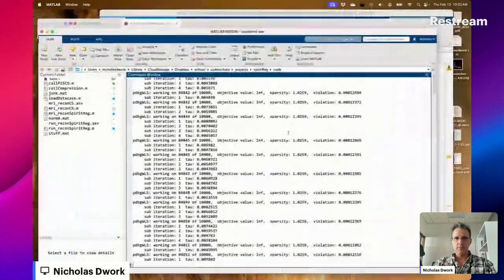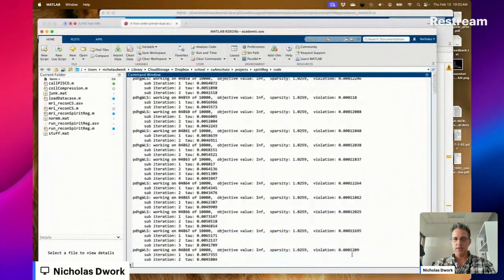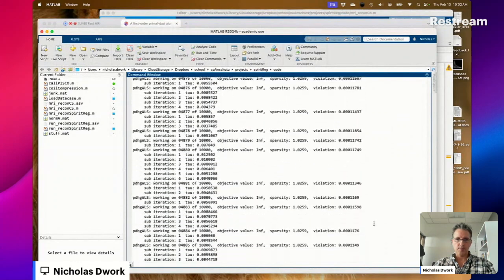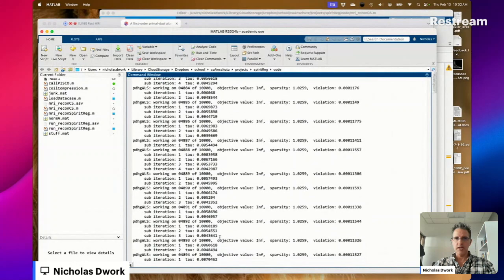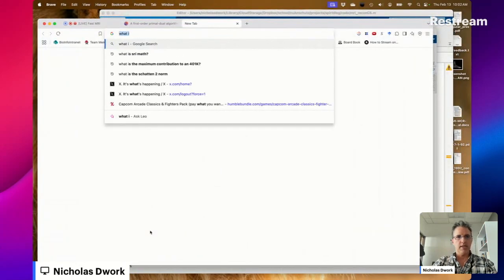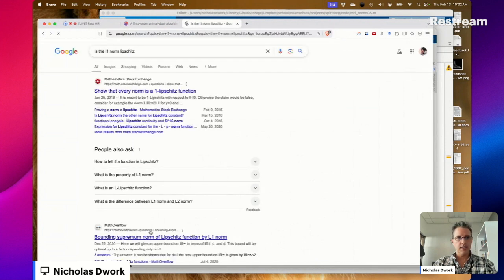How are we doing? We're down to less than 0.001. I wonder if this is working. We're only halfway there. What is a Lipschitz function? Is the L1 norm Lipschitz? I think it is.